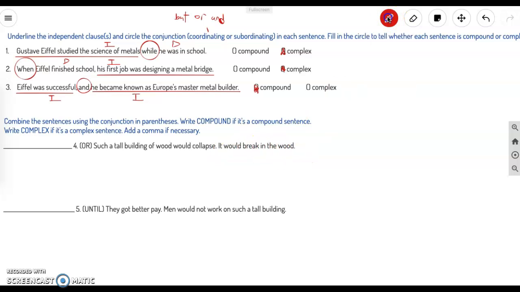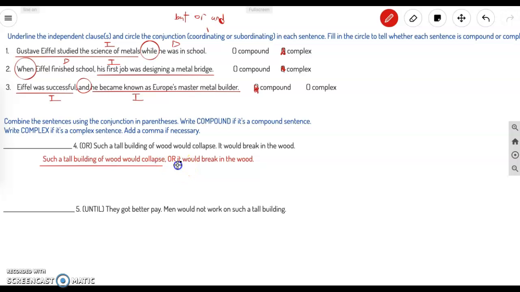Let's go ahead and combine this sentence. Such a tall building of wood would collapse. What do we put next? Comma, or it would break in the wood. So what are our independent clauses here? Such a tall building of wood would collapse.